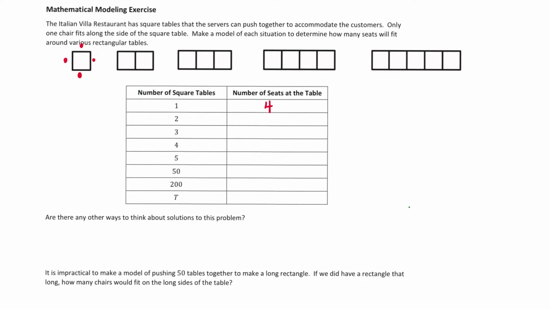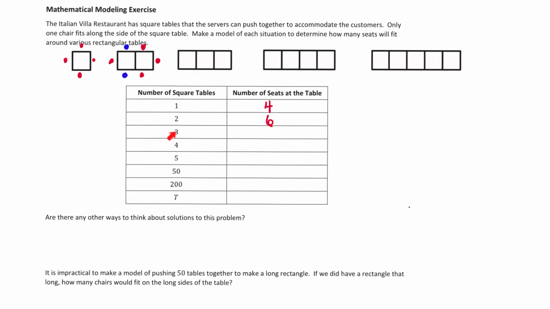And now I am going to just add the 4 seats that we already had before, right there. And I'm going to change the color for the 2 additional ones that we added. So now with 2 square tables, we can seat 1, 2, 3, 4, 5, 6 people. So I'm going to put a 6 right here.